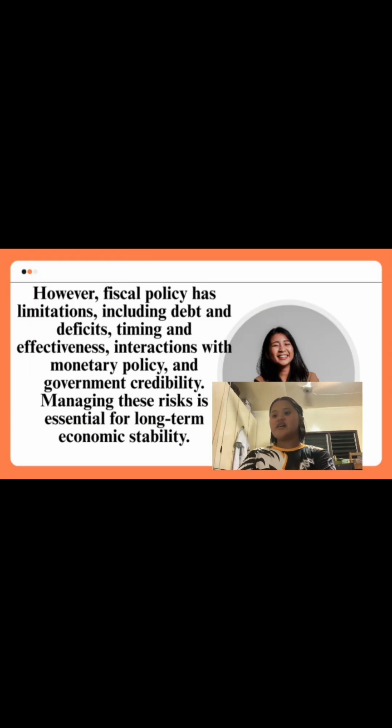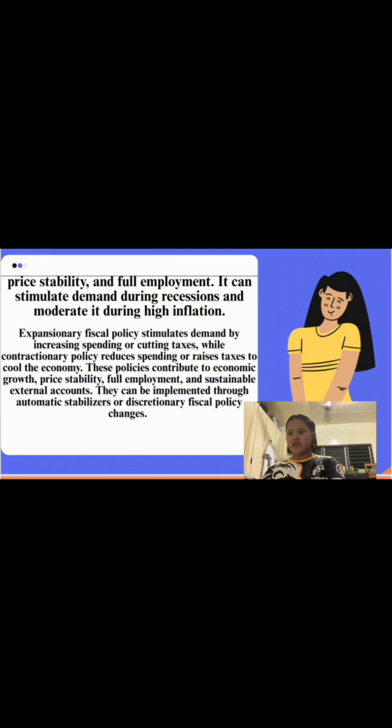However, fiscal policy has limitations, including debt and deficit, timing and effectiveness, interaction with monetary policy, and government credibility. Managing these risks is essential for long-term economic stability.